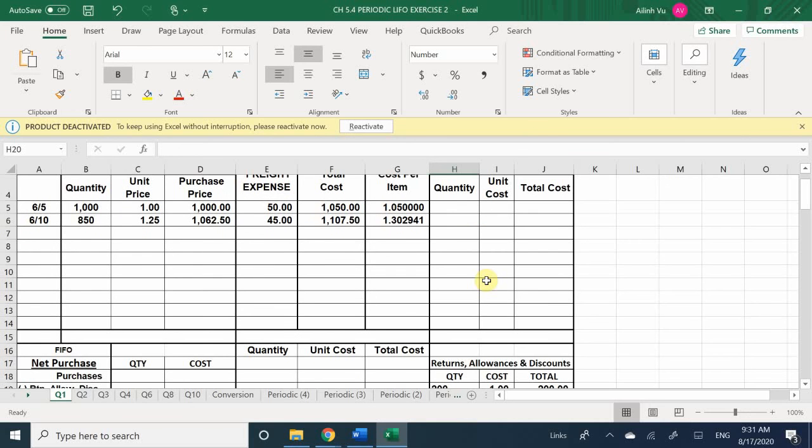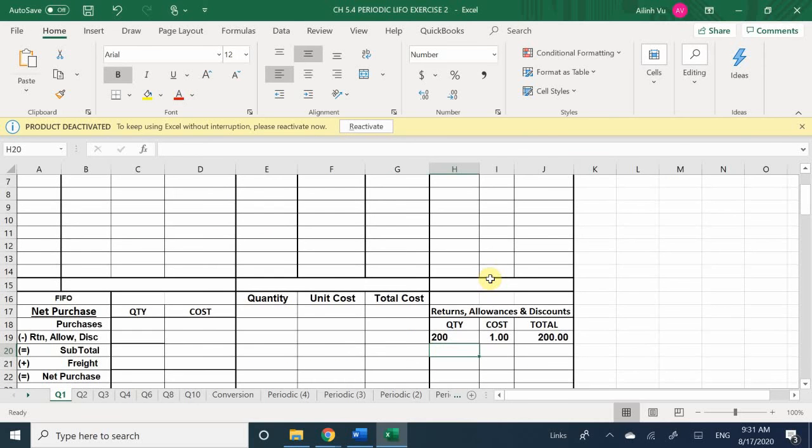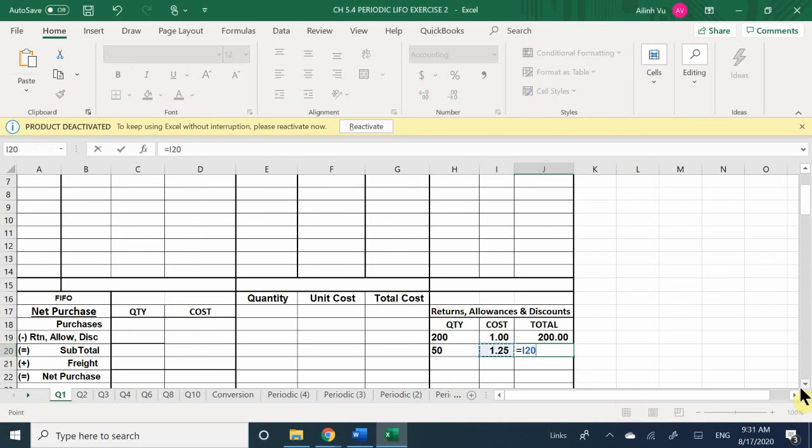But we're taking the total cost. First off, how much is it going to cost me to return 50 items in general for the second batch? So 50, and it's $1.25. We want to know how much that's going to cost me to begin with. $62.50.